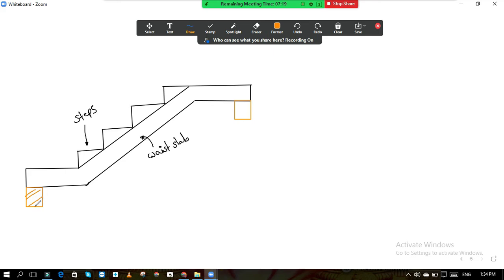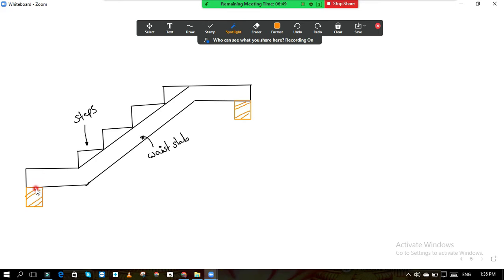These are the supports, whatever I have drawn in this yellow color. Now whenever this type of condition is there, when the supports are provided at the end of the landing slab, here is the landing slab, the support is provided at the end, and here also the support is provided at the end of this slab.